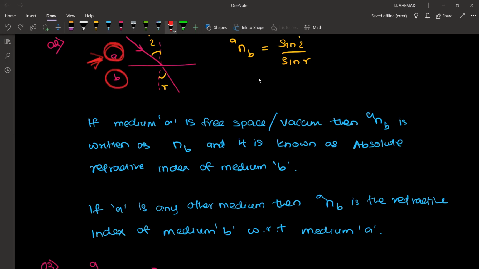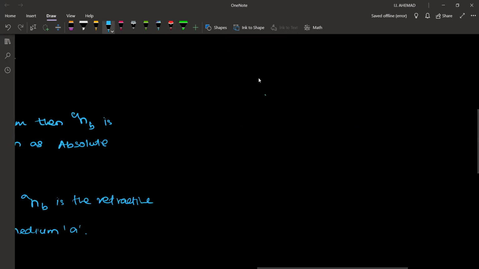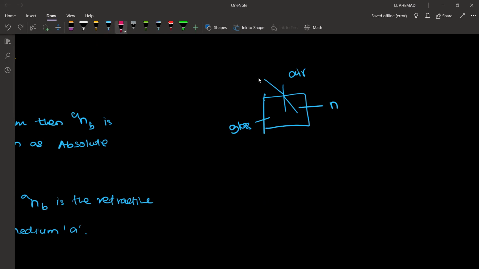For example, now let's say we have a glass block and this is air. When we find out the refractive index N, so this is glass, what can you tell about this refractive index? Is this absolute or relative? This is absolute.